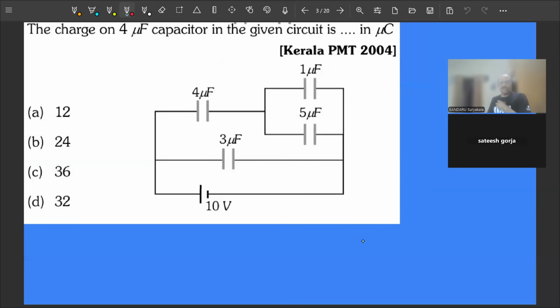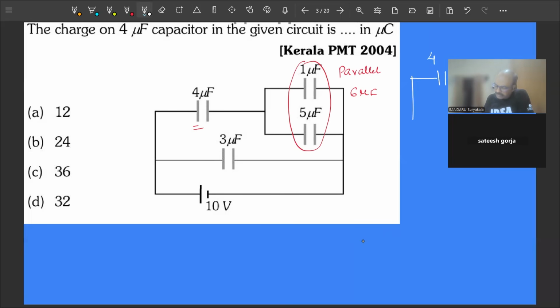Next, here they ask for the charge on the given capacitor. Now how are these two connected? Parallel. These two are connected in parallel, so 1 plus 5 becomes 6 microfarad. We can write the equivalent diagram.